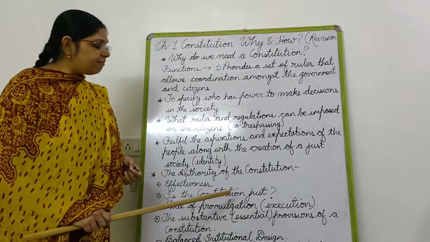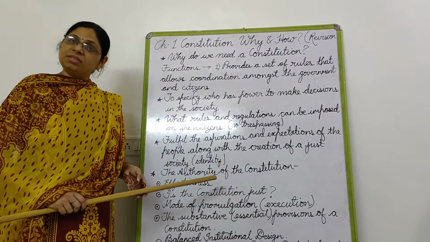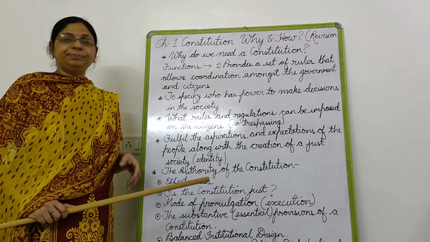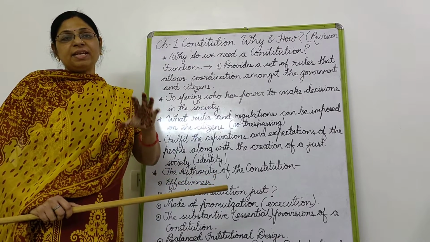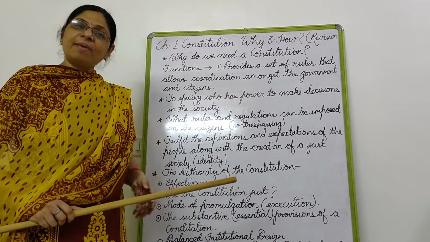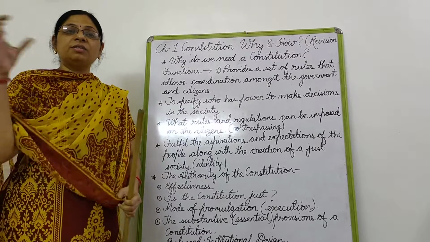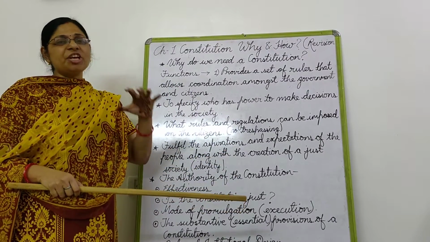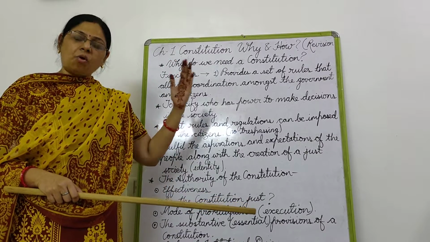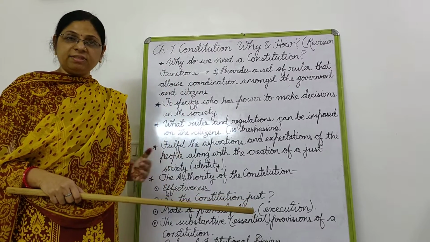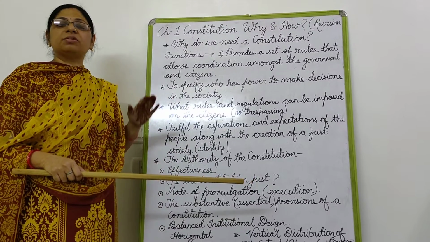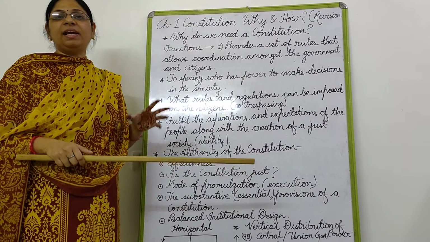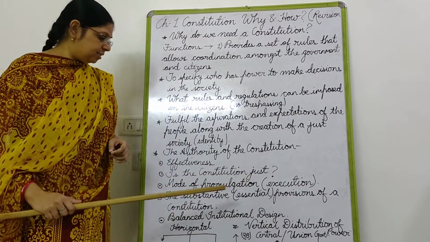So it cannot be left to the citizens to decide. So what should be done? Certain basic norms, certain fair rules should be drawn in such a manner that in general they are accepted by all the communities, all the belief systems, all the sections of society without creating any bias.